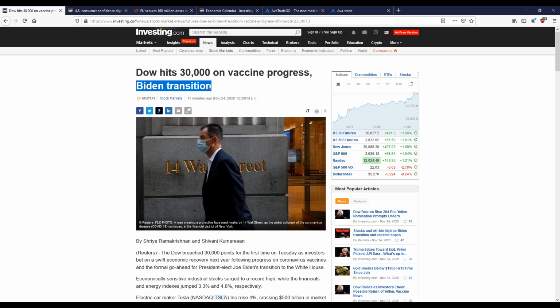And so, the markets like certainty, and that helped to bring some certainty with Trump agreeing to start the rollout of the transition towards Biden, and some of these people being named as to who Biden might bring in. And some of the names are familiar to investors, and so that brought some confidence today. I think the markets also like that the Democrats may not gain control of the Senate, because that means they can't raise taxes on corporations so easy, and some of the things that they might want to do.